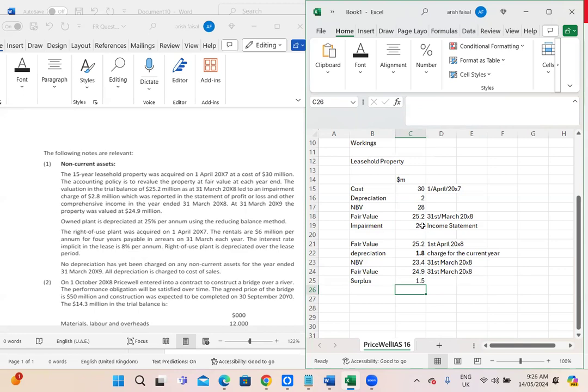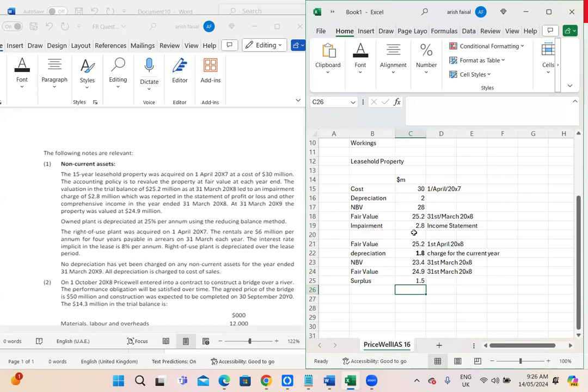So now when there has been a reversal of impairment, first we need to charge it to the income statement, and then the extra we have to record in the OCI. So up to 2.8 of surplus, I would have recorded it into the income statement, and then the extra surplus amount I would have taken into the OCI. But in this case, this revaluation surplus will be recorded into the income statement as a reversal of impairment.